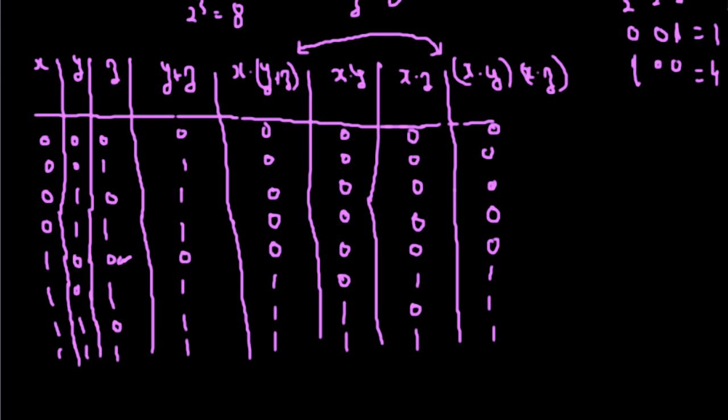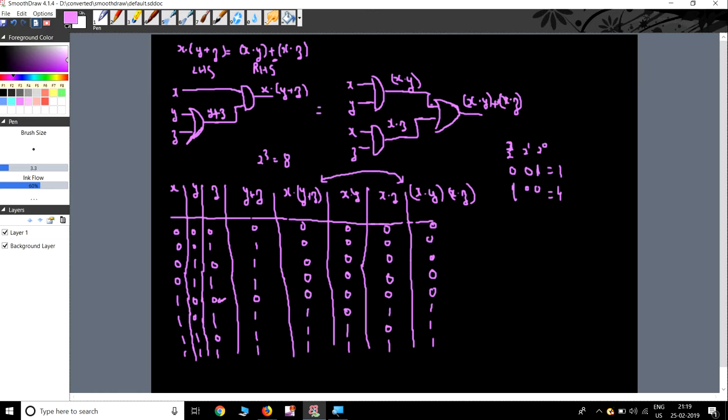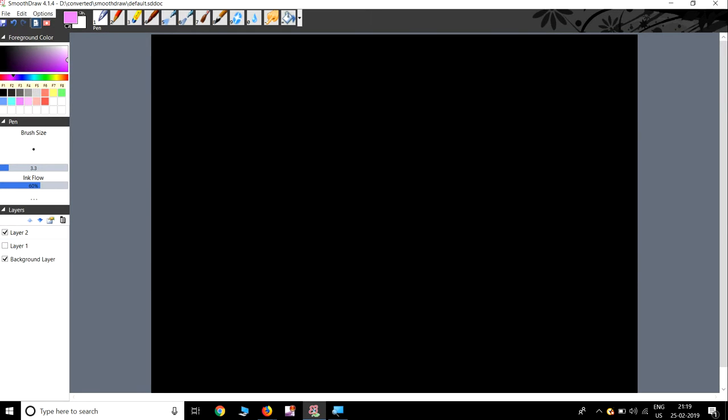So let's move on to the second distributive law. The second distributive law is the dual of the first one. So the first one was x multiplied with y plus z is equal to x multiplied with y plus x multiplied with z.